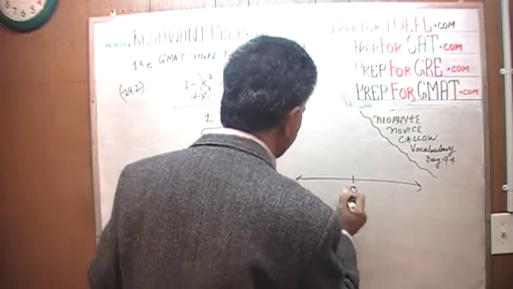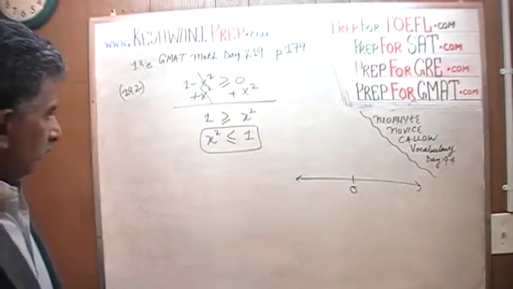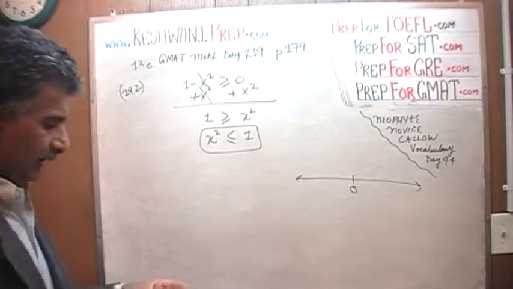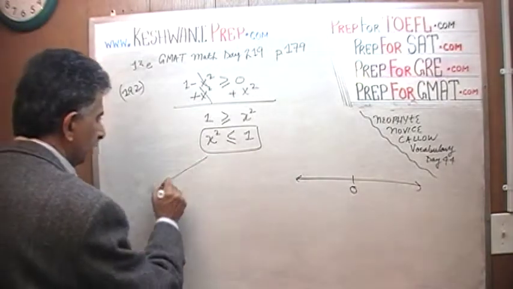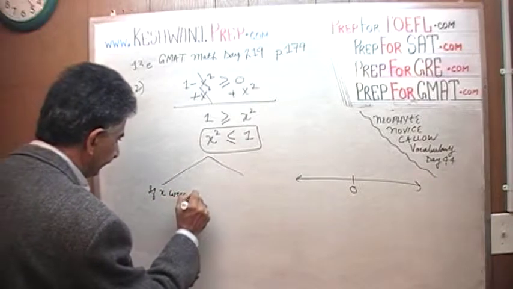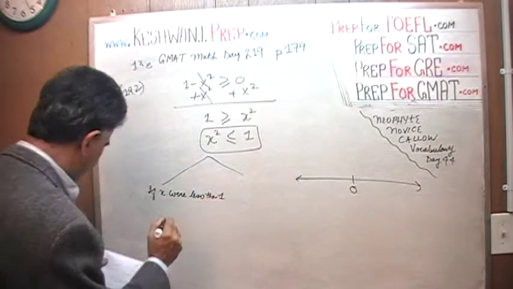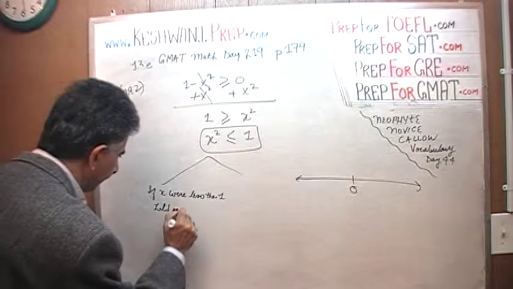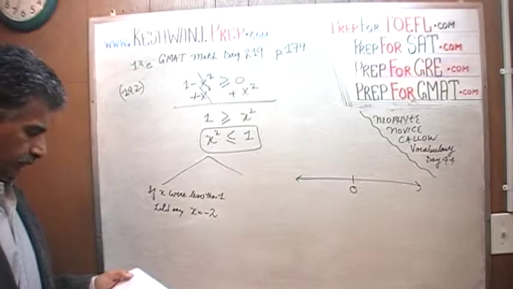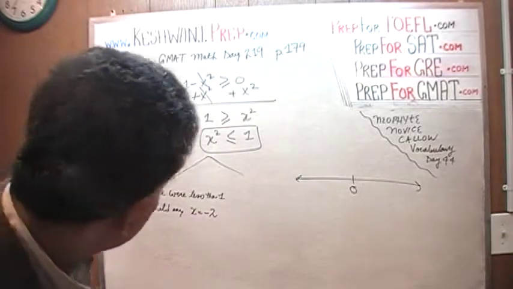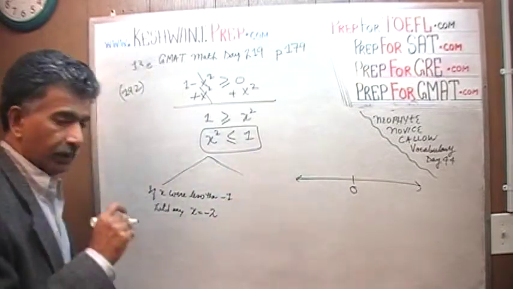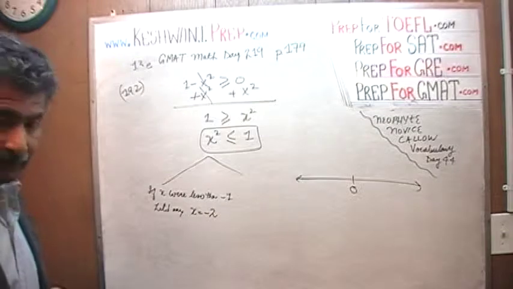So here, on the number line, if this is 0, the question is, where do we show this thing? X squared is less than or equal to 1. Let's see what that means. What would happen if x were less than negative 1, let's say x is equal to negative 2?